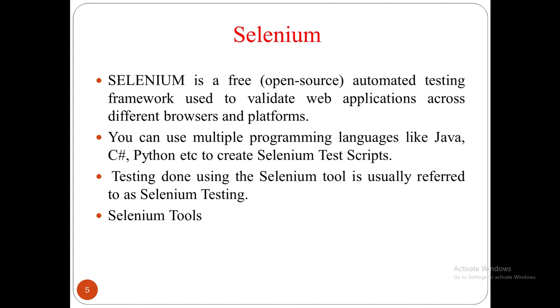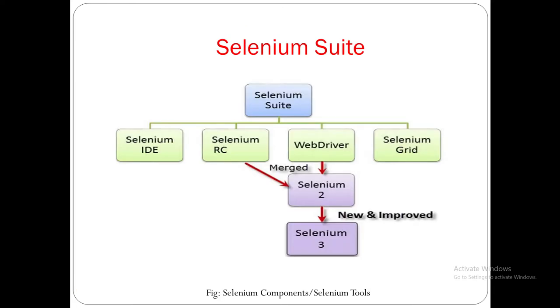Testing done using a Selenium tool is usually referred to as Selenium testing. There are also various Selenium tools available. This is a diagram for the Selenium tools, which we can also call Selenium components. It is the Selenium testing suite.